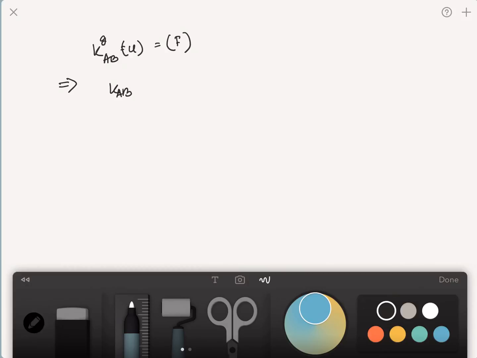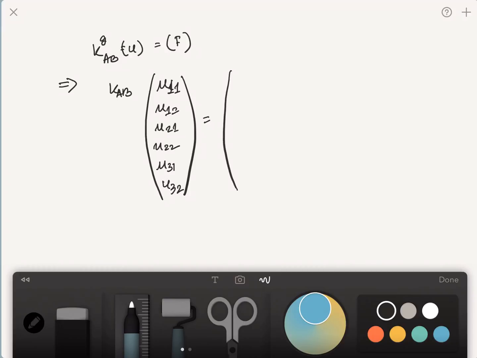I'm not going to write out that humongous matrix, but I'm going to write out the displacement vector. The displacement vector is exactly what we have been writing before: U11, U12, U21, U22, U31, and U32 is equal to forces, which is F11, F12, F21, F22, F31, F32.